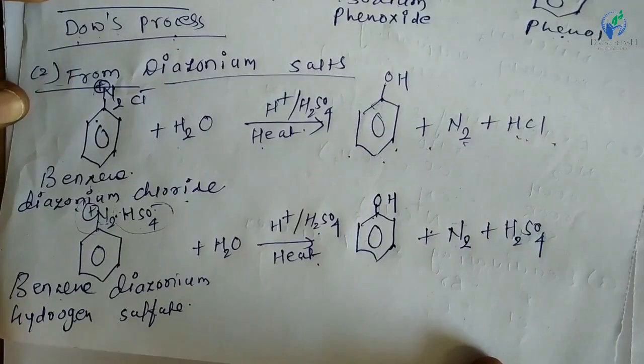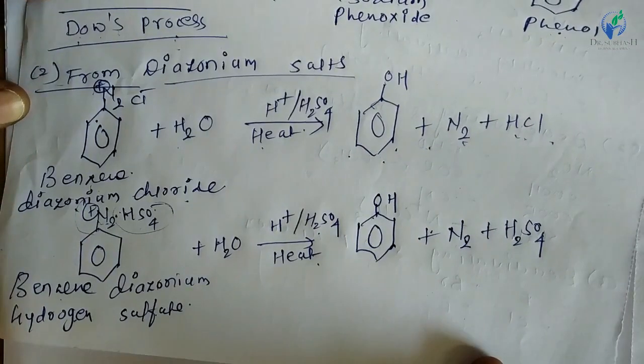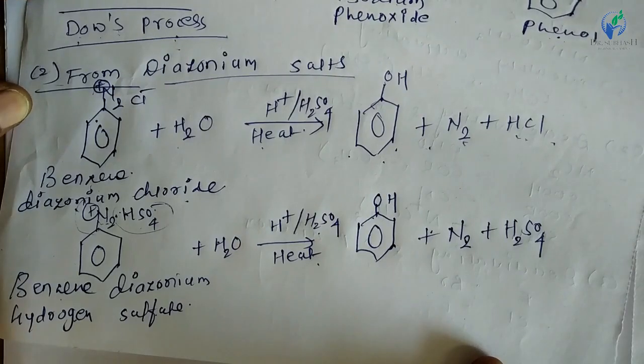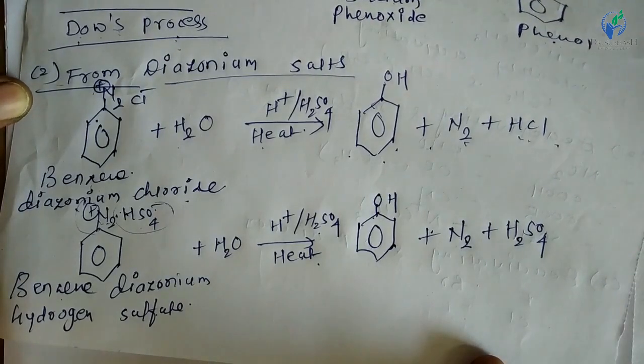So phenol can be prepared by using this type of diazonium salt, benzene diazonium chloride as well as benzene diazonium hydrogen sulfate.